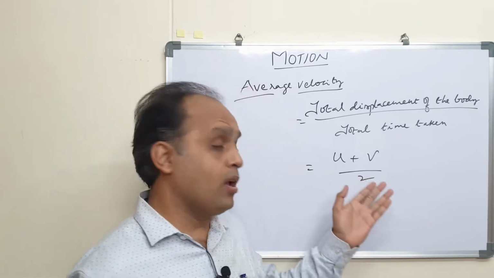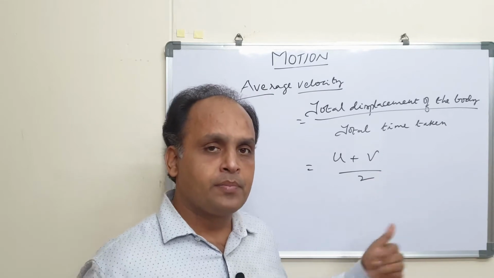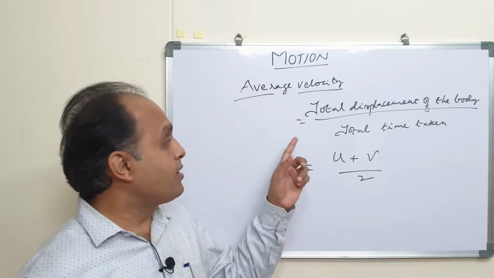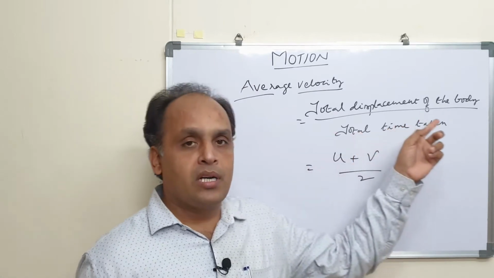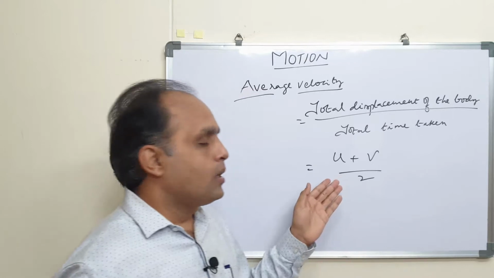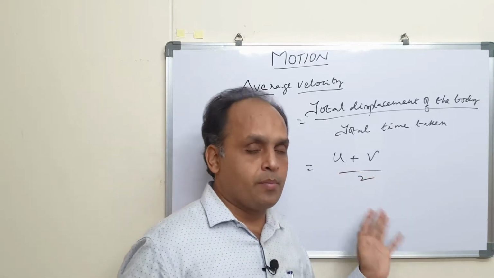Means I'm adding up all the velocities, whatever velocities are there, and dividing them by the number of velocities. So average velocity is equal to total displacement of the body by total time taken, or it is the sum of initial velocity plus final velocity by 2.